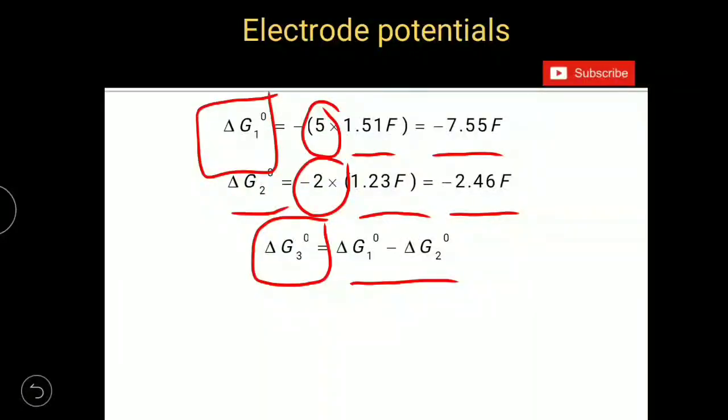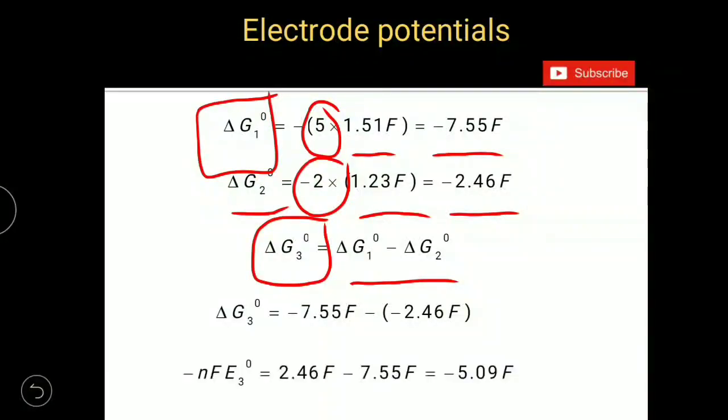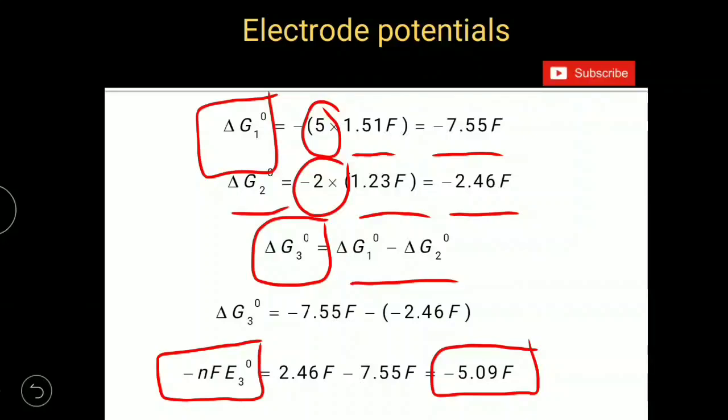If you substitute these values, you will get delta G3 naught equal to minus 5.09 F, which will be equal to minus NF E3 naught, because delta G3 naught is equal to minus NF E3 naught. And what is the N value for the third equation? It is equal to 3.